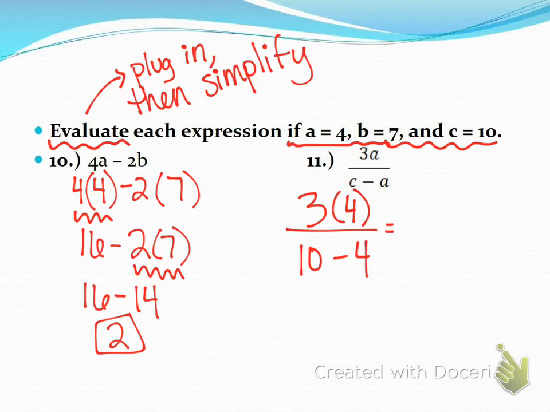So that means I do have groups to do first. My top group is 3 times 4. That gives me 12. My bottom group is 10 minus 4. That gives me 6. I've only got one operation left, and that is to divide. 12 divided by 6 is 2 also.